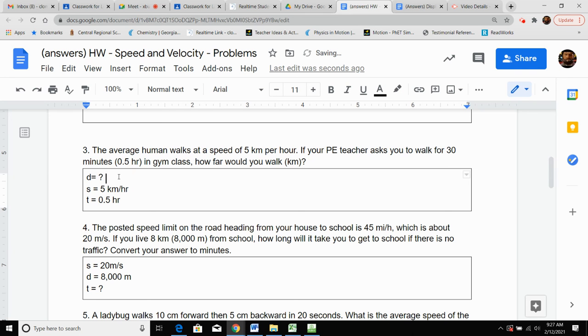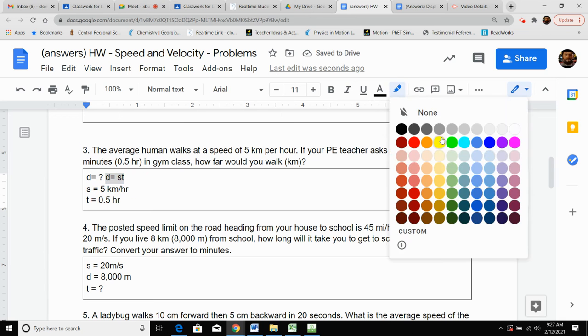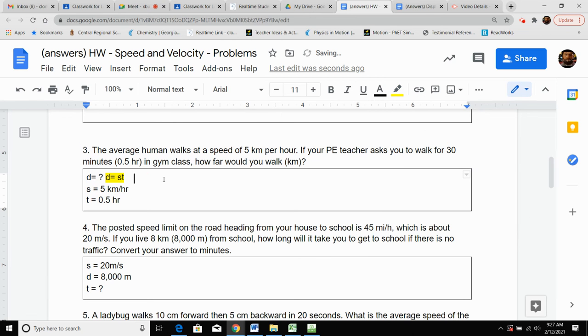So distance is equal to speed times time. So speed was 5, time was 0.5, and that is what? 2.5 is the magnitude. What about my unit?